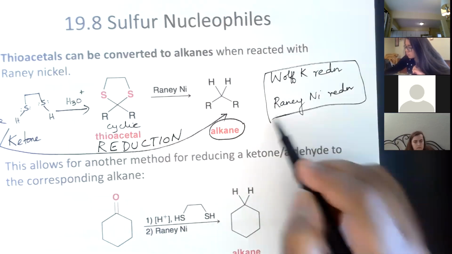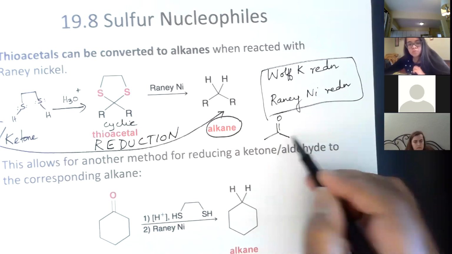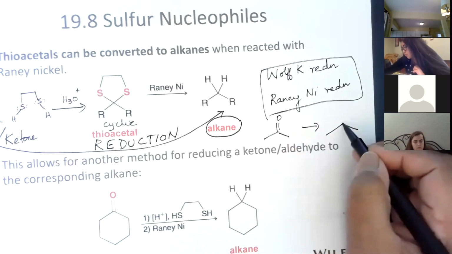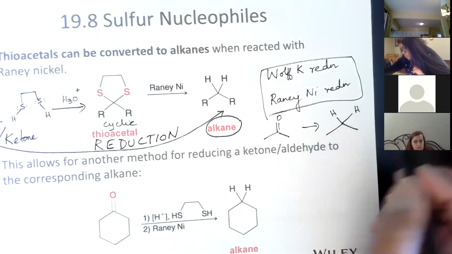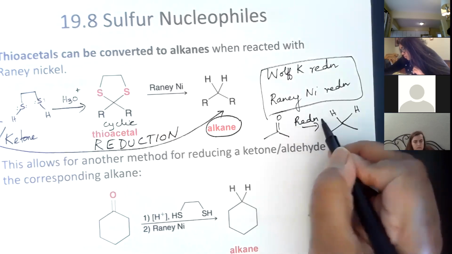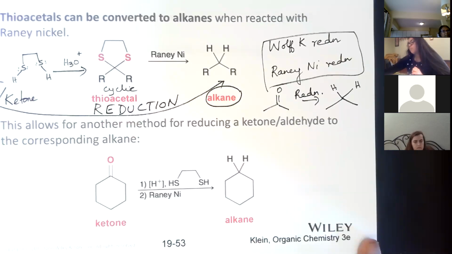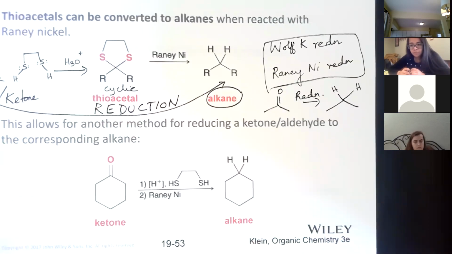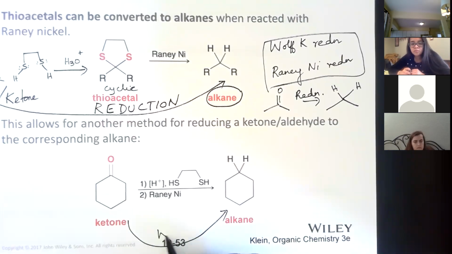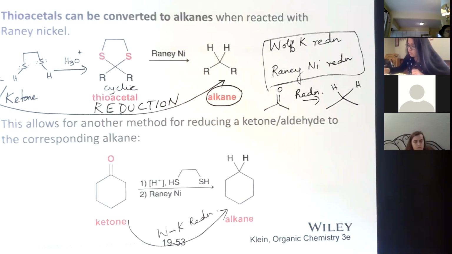What do these do? Convert an aldehyde or a ketone to an alkane. So this is one method, and the other method is the Wolff-Kishner reduction. It's useful when you look at synthesis.